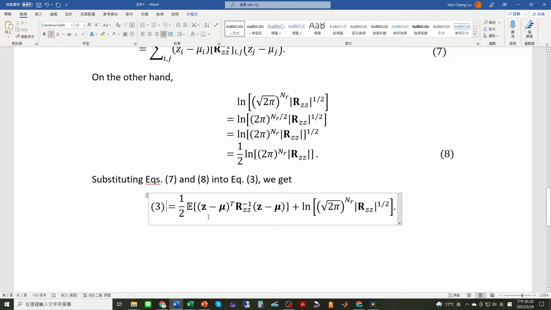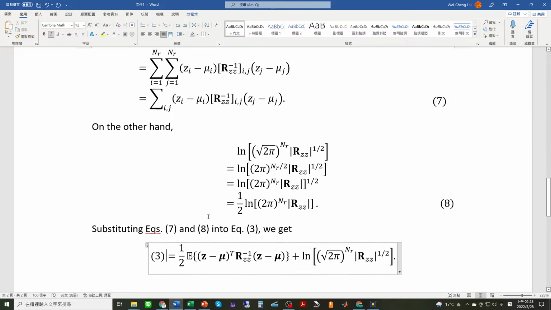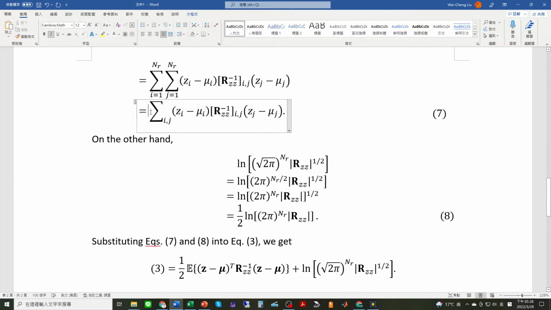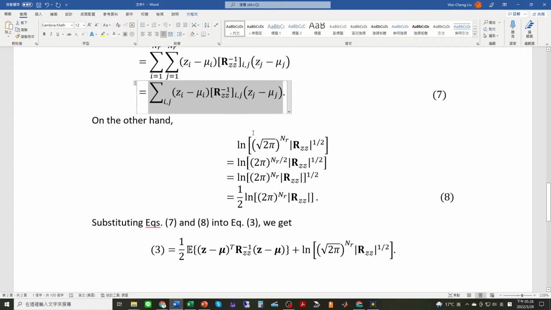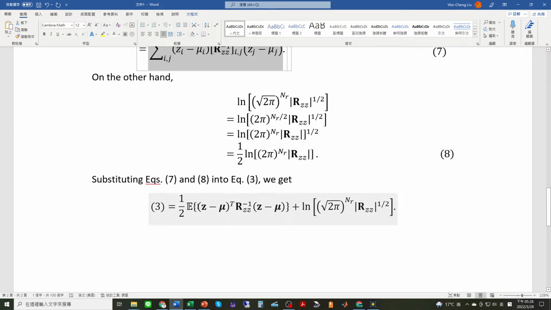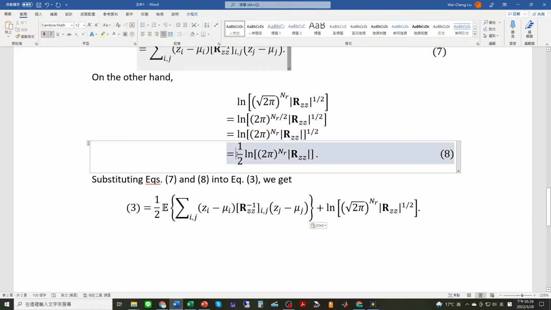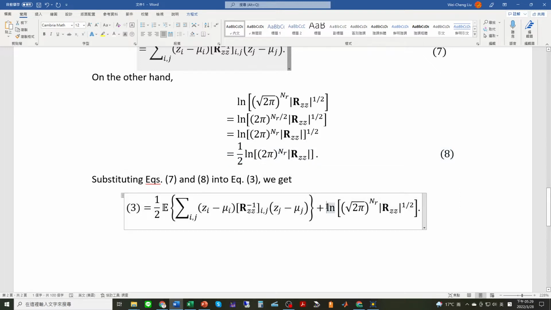But we know that the first term in the expectation is equal to this term, so I copy this and paste this here. Like this. And for the second term, let me copy equation 8 and replace the original term.